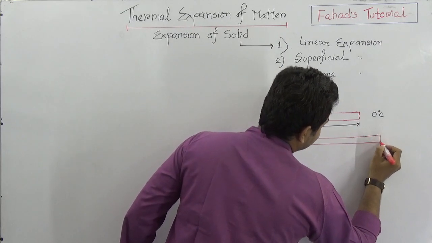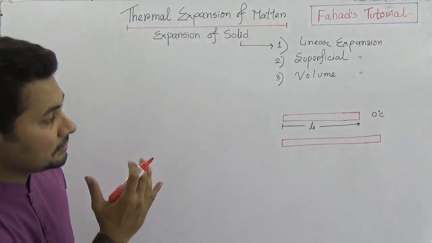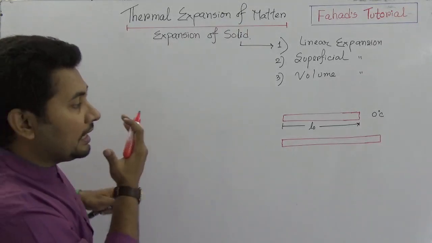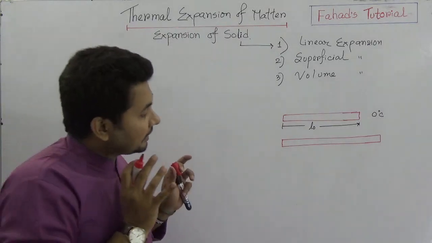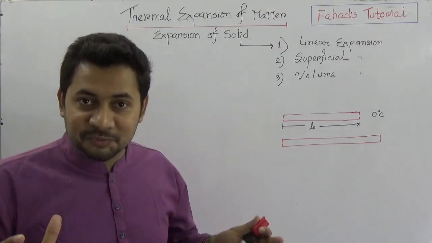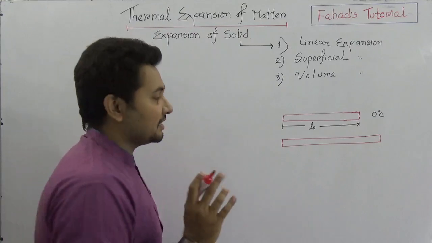I'm just making it larger to make it more visible. Suppose expansion is only happening in one dimension, I mean in case of length. Though when you give heat, it will expand in all aspects, we are thinking about only the linear expansion.